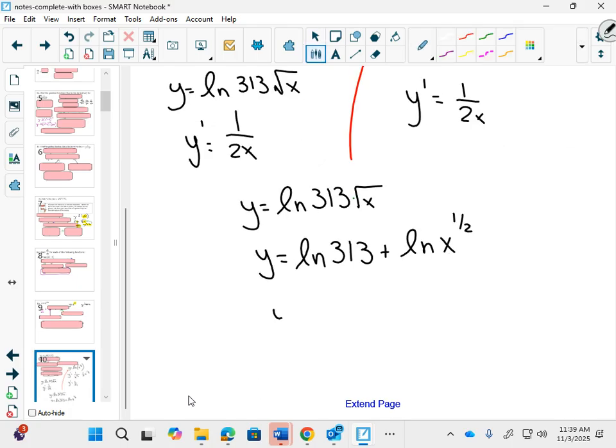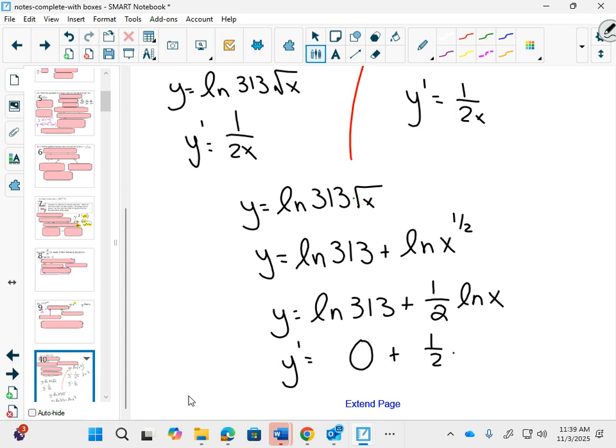What other log law do you know? What can you do with an exponent? You can bring the exponent out in front of the log, right? So check this out now. When I do the derivative here, this will be 0. And this is just 1/2 times 1 over x.